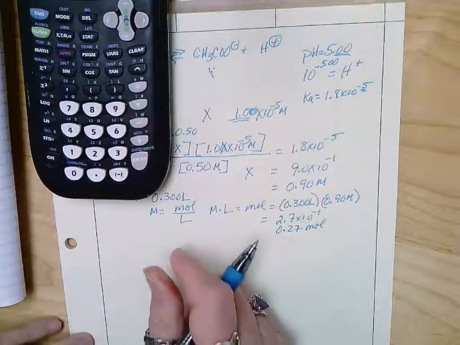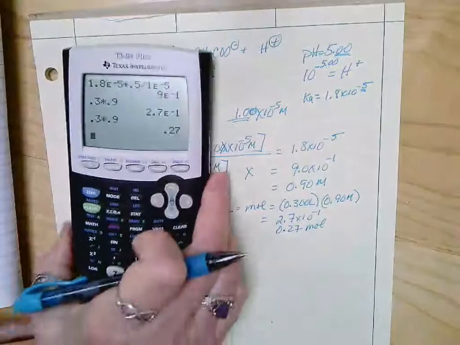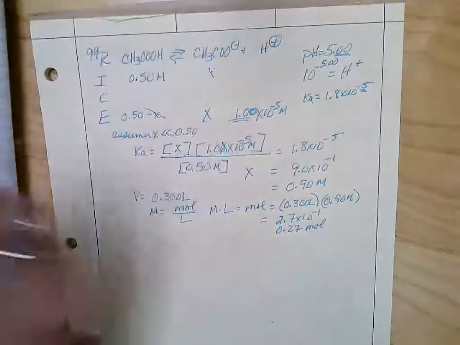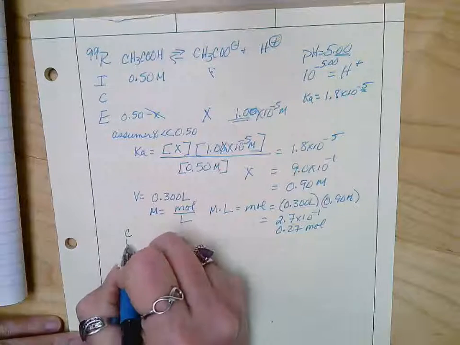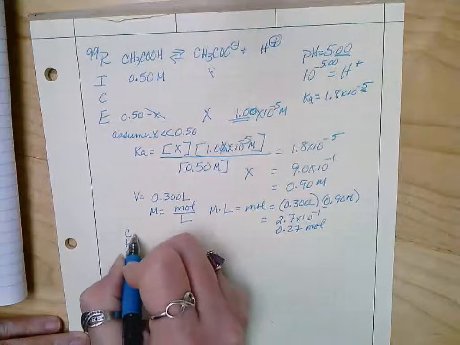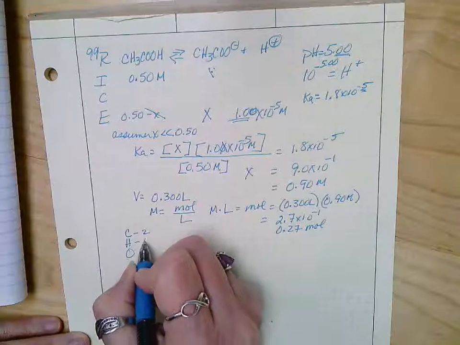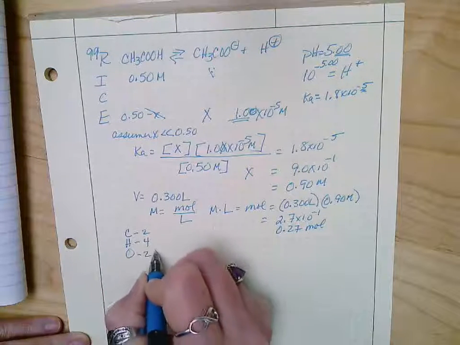Now I have to figure out the molar mass of sodium acetate trihydrate. So I have carbon, hydrogen, oxygen. I have 2 of those, I have 3 of those, and I have 2 of those.